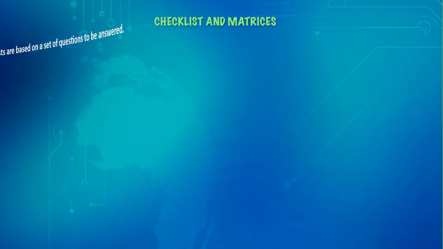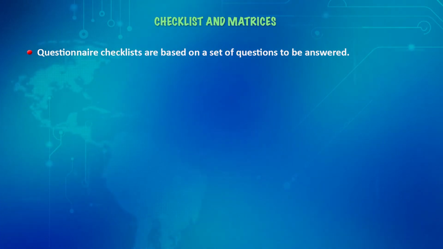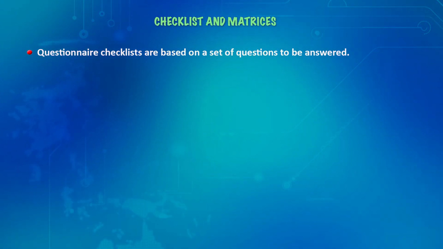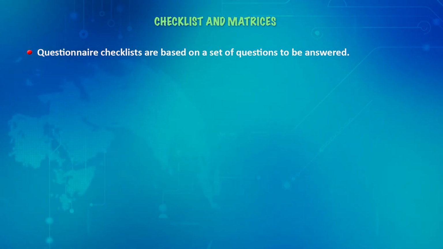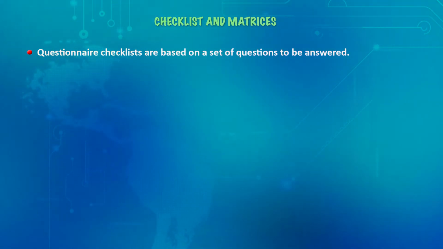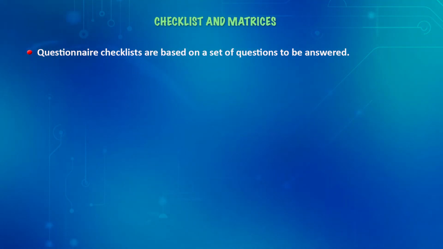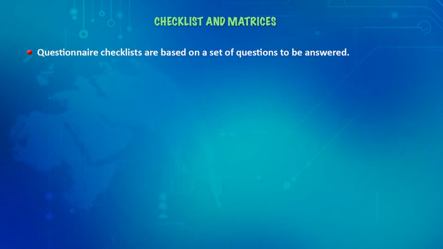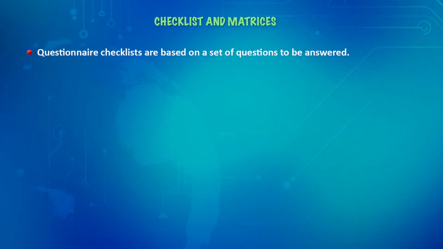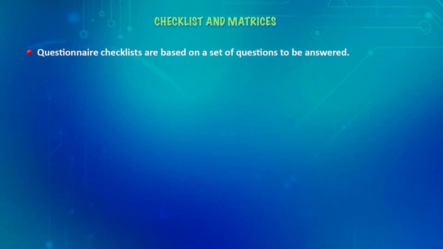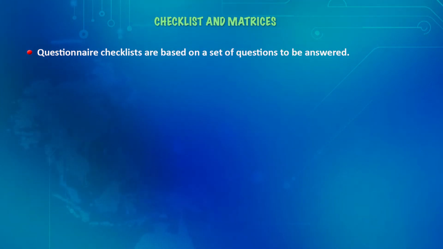The most important type is the questionnaire checklist. These questionnaire checklists are based on a set of questions to be answered, as simple as that. Certain questions will be asked to the interviewee as part of a structured collection of information. They are asked to decipher what kind of impact the project proposal can have on the community and on the environment.